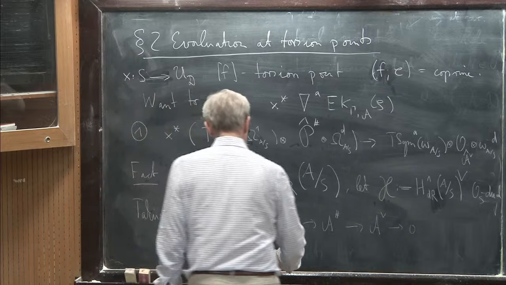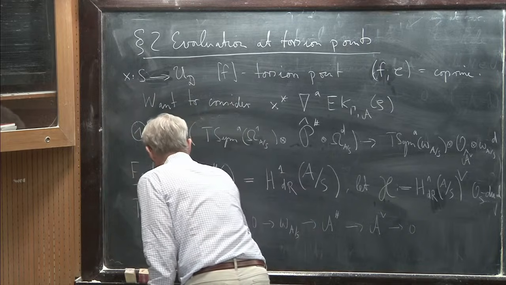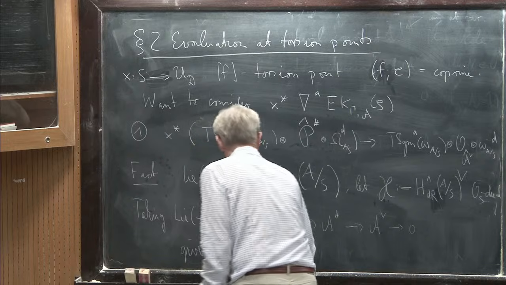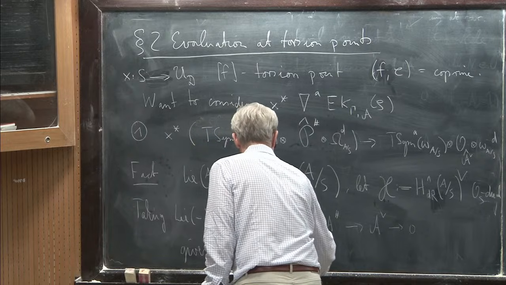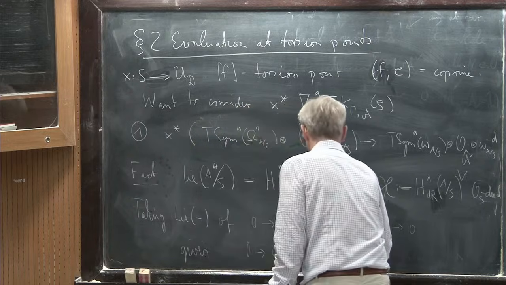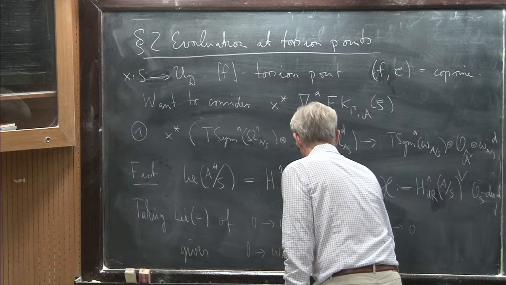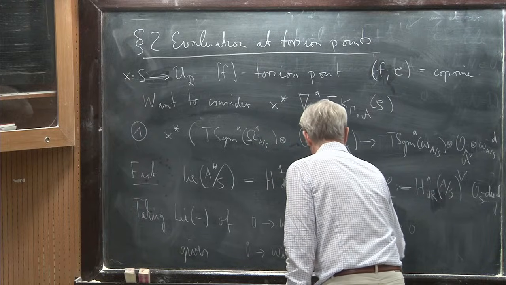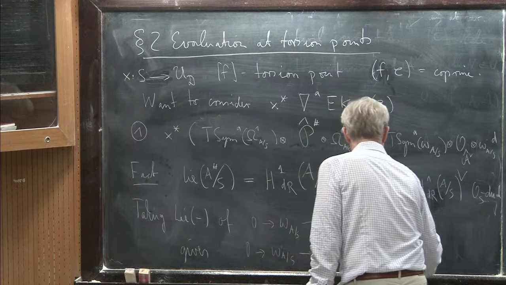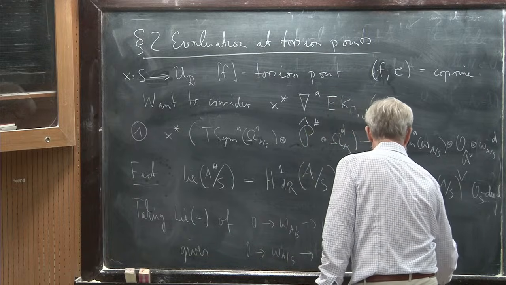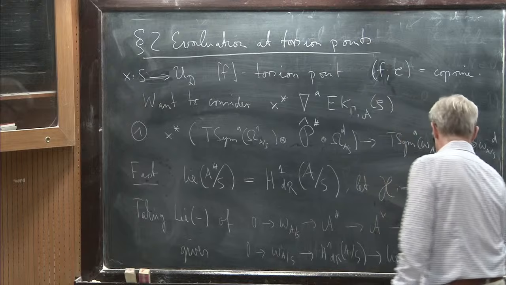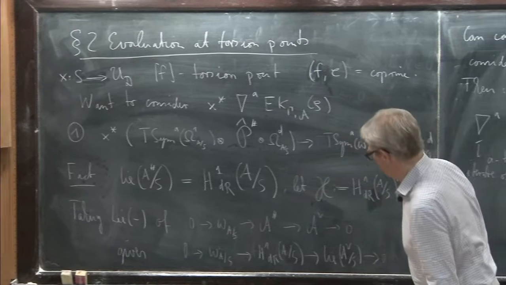What we get gives the following sequence: omega_{A/S}, and then you go to H^1_dR of A over S, and then you go to the Lie algebra of A dual over S. This is something you might have seen before.